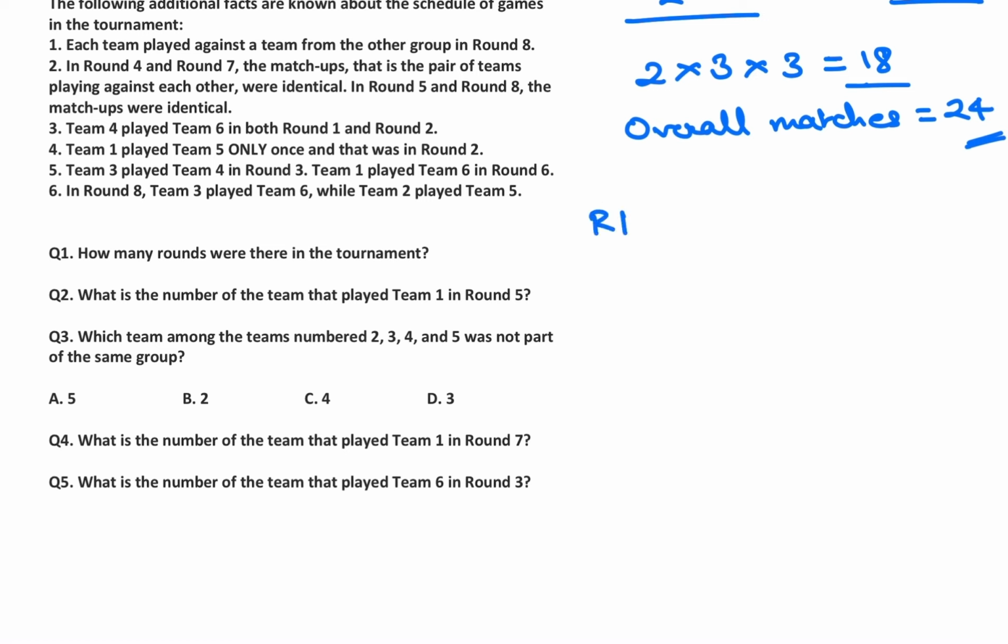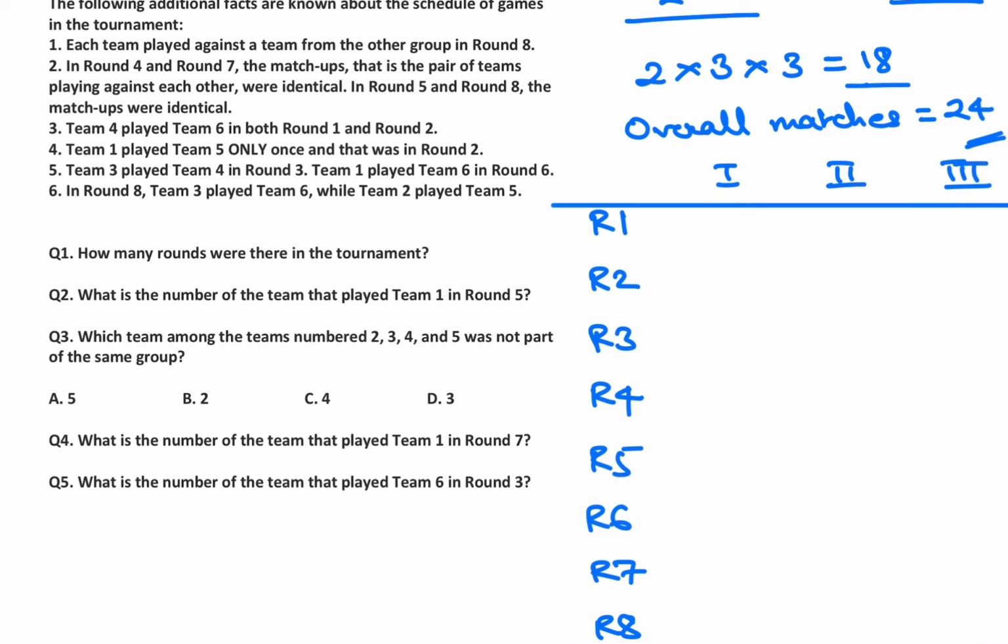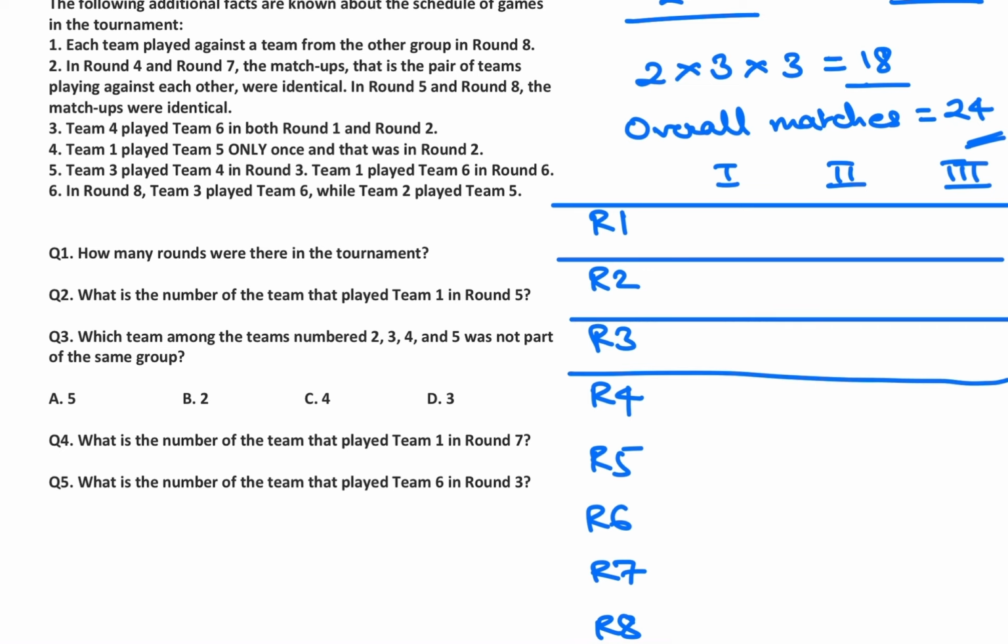So I have round 1, round 2, round 3, 4, 5, 6, 7 and 8. I'll have three matches played in each round. Okay, so let me make this more nicely.